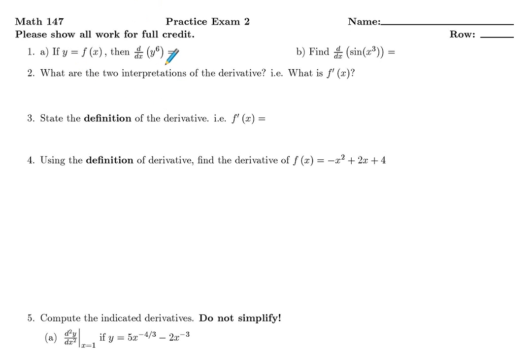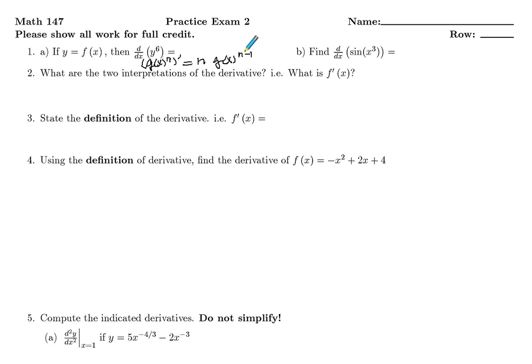First here we are taking a derivative of y to the 6th power where y equals a function. So this is power rule for functions. Now remember, power rule for functions says if you differentiate a function g of x to the nth power, you get n times g of x to the n minus 1.